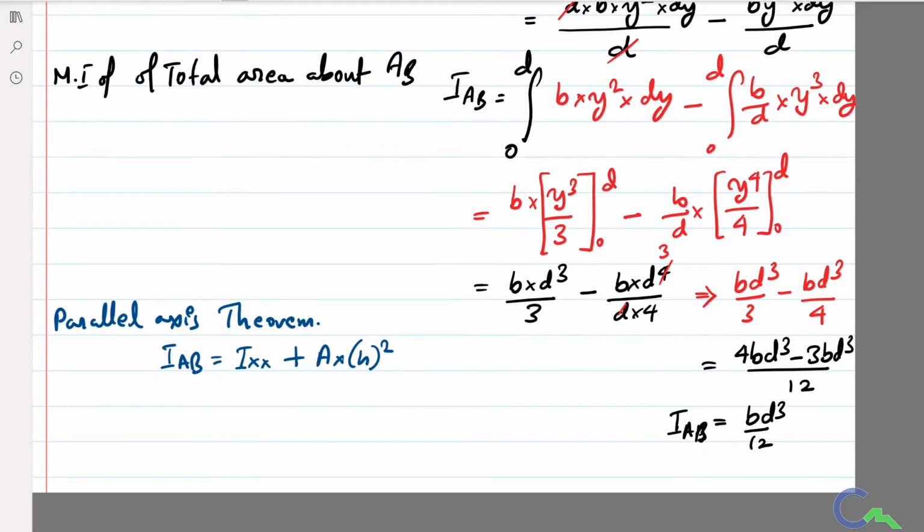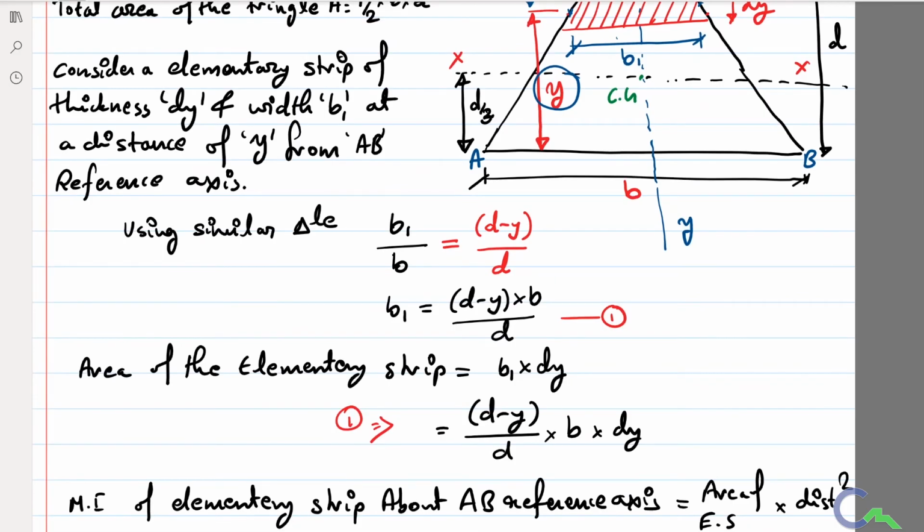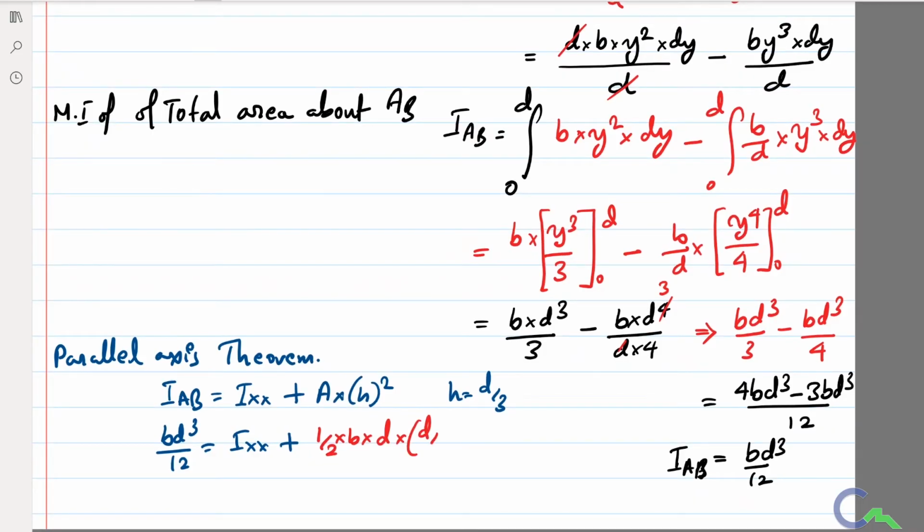So I can write h is equal to d by 3. IAB I already calculated, so now I substitute here: b d cube divided by 12 is equal to IXX plus the area of the triangle, half into base into height d, into h square, where h is the distance between the AB reference axis and the XX axis, that is d by 3 square.